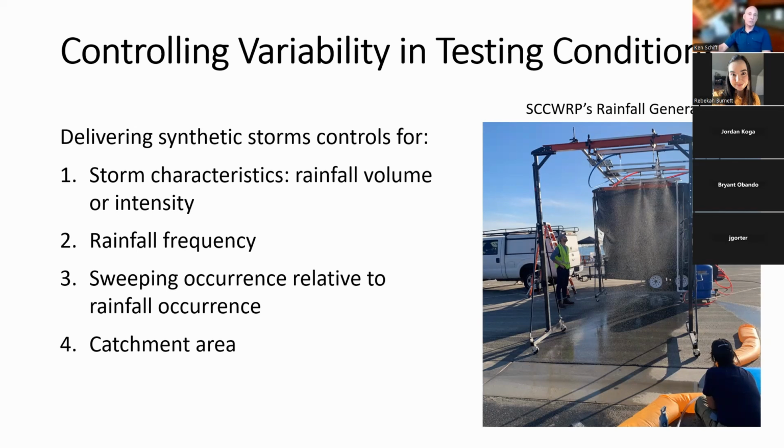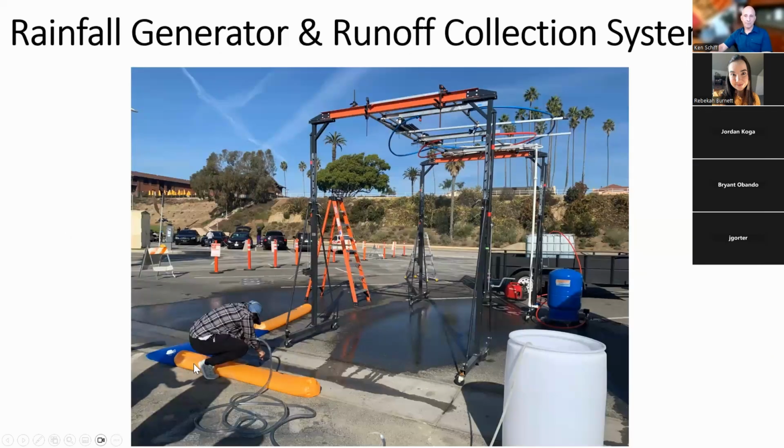This is particularly true in arid environments like Southern California, where we might go 6-7 months without any rainfall at all. So the next handful of slides are going to be talking about the rainfall generator, because this is key, I think, to trying to test how we're going to measure the actual runoff concentrations and loads.